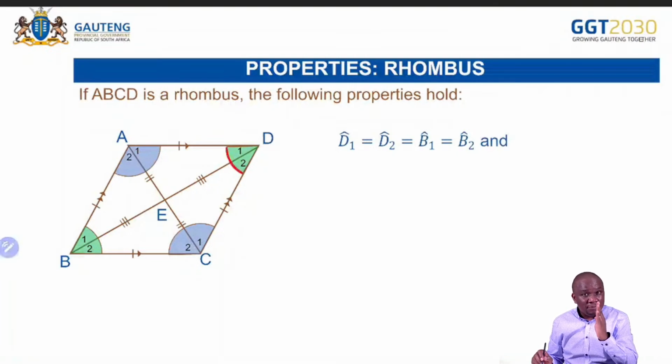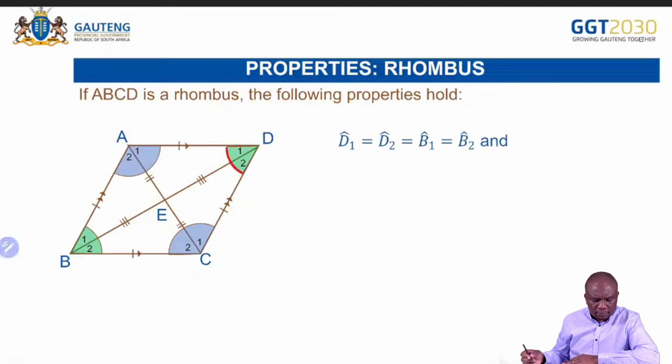It bisects. So the diagonal bisects the corner angle, divides it into two equal parts. D1 and D2 are equal. And then B1 also is equal to D1 and D2, and B2 is equal to B1 is equal to D2 is equal to D1. Okay, right. So those four angles are equal.